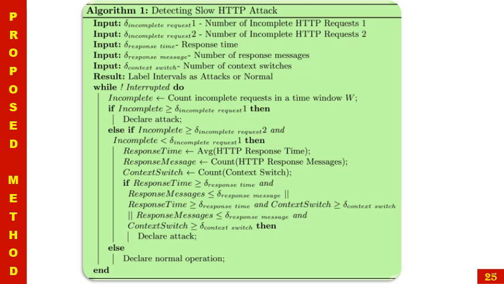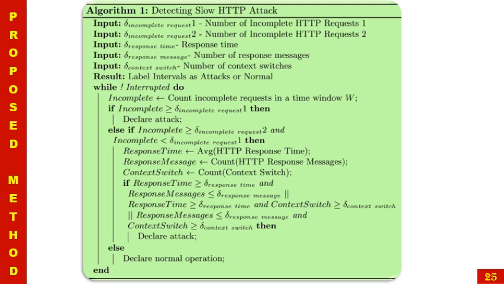Now I draw attention to the while loop, which is doing the entire process. The first if statement and last else statement are saying when the threshold is above a particular level, then we declare attack. And when the threshold is below a certain level, we say it's a normal operation.